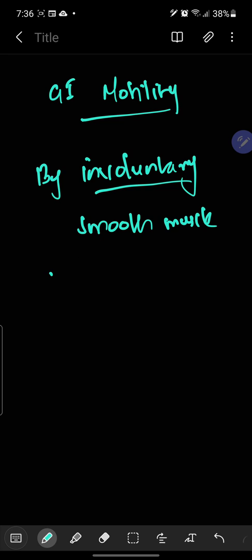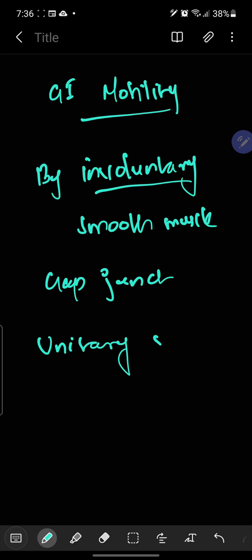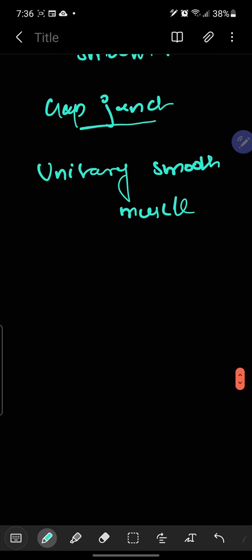In these smooth muscles, gap junctions are present. As gap junctions are present, it contracts as a unit, so it is called a unitary smooth muscle.